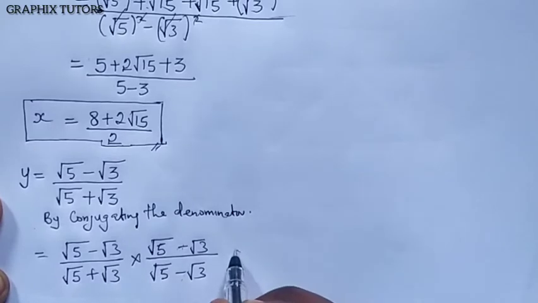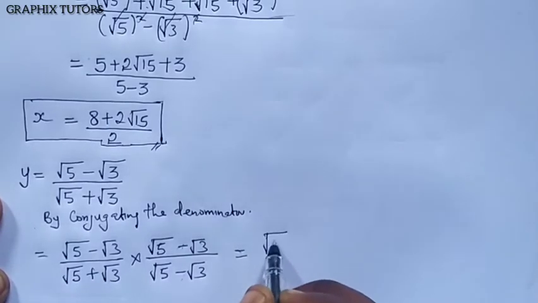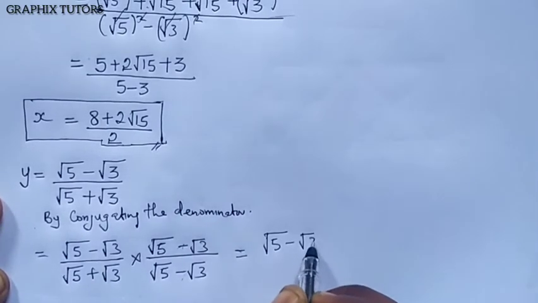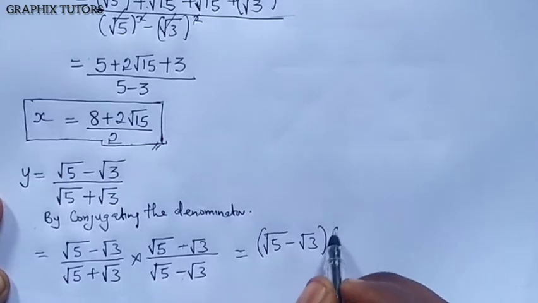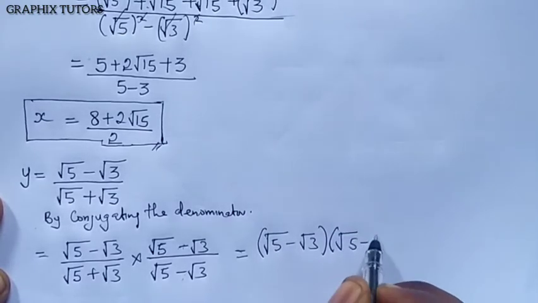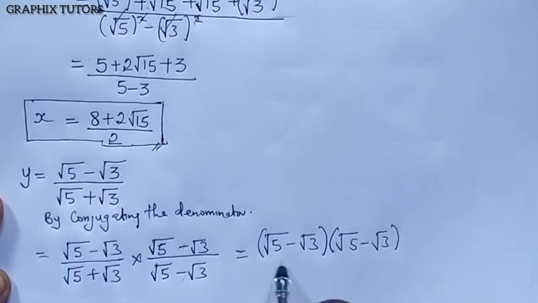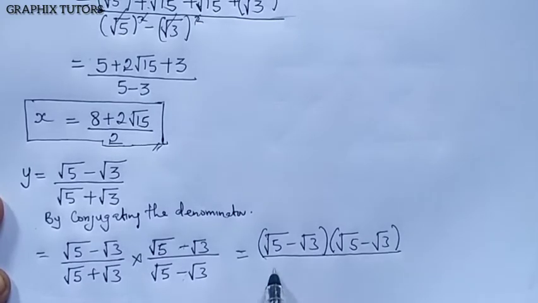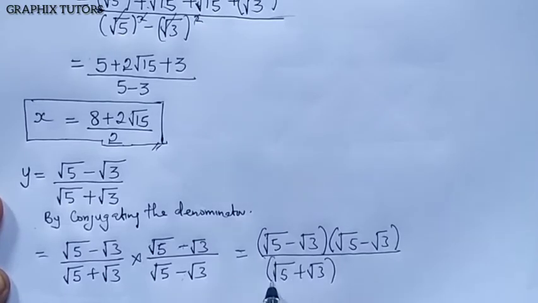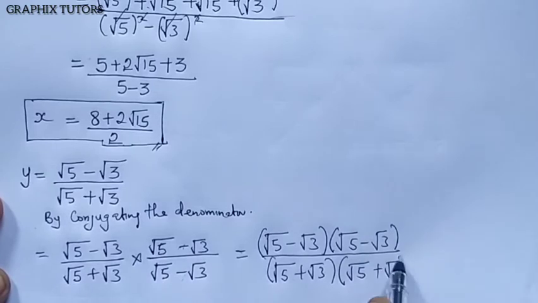And this can be written as root 5 minus root 3, into bracket root 5 minus root 3, all over root 5 plus root 3, into bracket root 5 plus root 3, right?